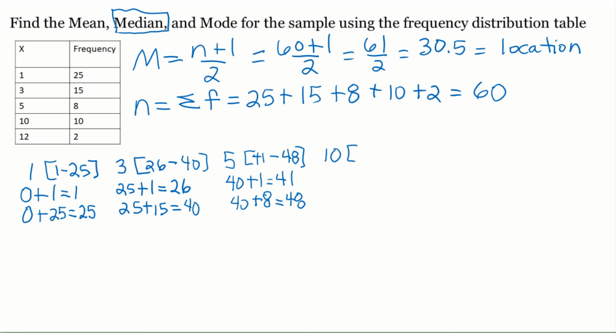So I'm going to take my 41 and add 1 to get my lower boundary. And then take the 41 and add the frequency, which is 10, which is going to make that 51. And then I have my last value.